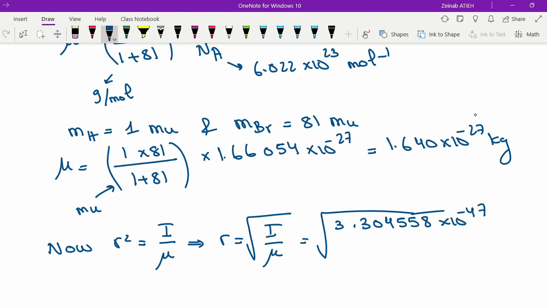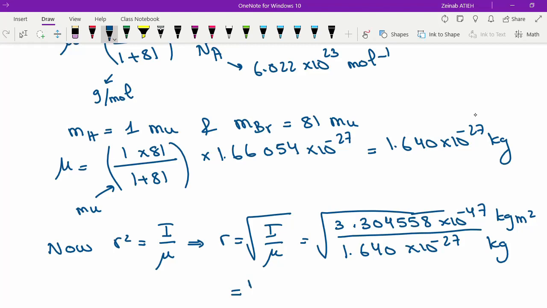Minus 47 divided by 1.640 times 10 to the power minus 27. Everything is substituted in SI units. So this is kilogram meter square, and this is in kilograms. So we expect to get the distance in meter. It's found to be 1.419 times 10 to the power minus 10 meter.